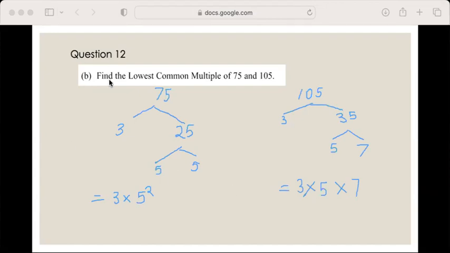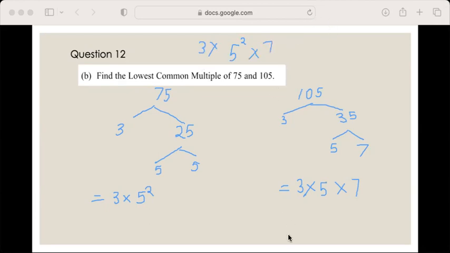Or you can just use these factorizing methods since we already have the factors. So the lowest common multiple, when you find, you need to take the highest of the factors. So highest of the factor 3 is 3 and highest of 5 is 5 squared and highest of 7 is 7.